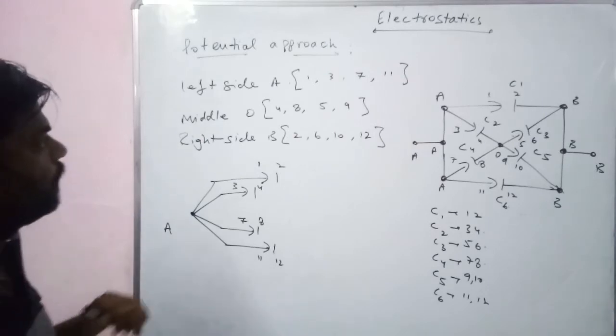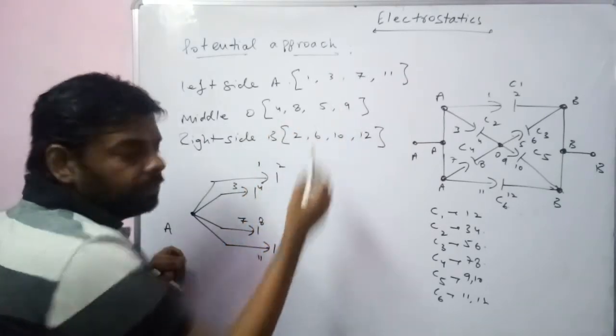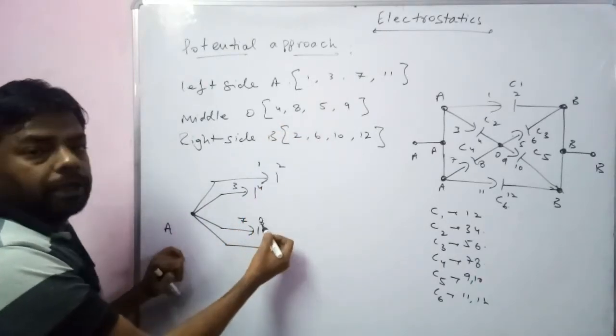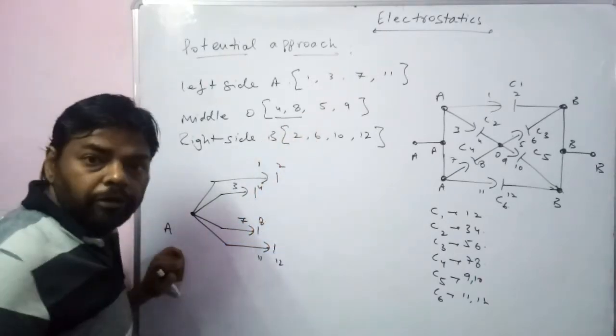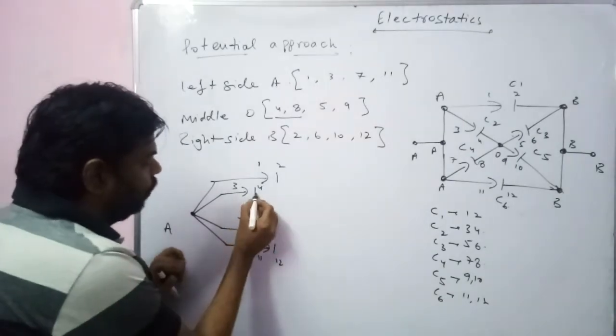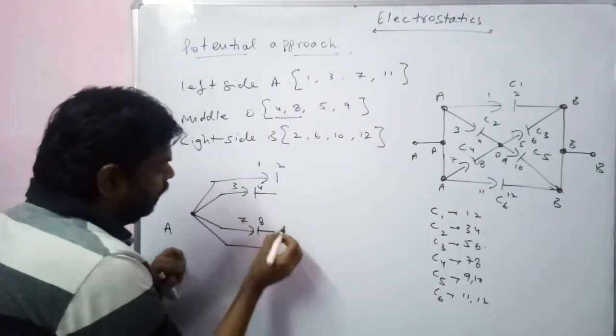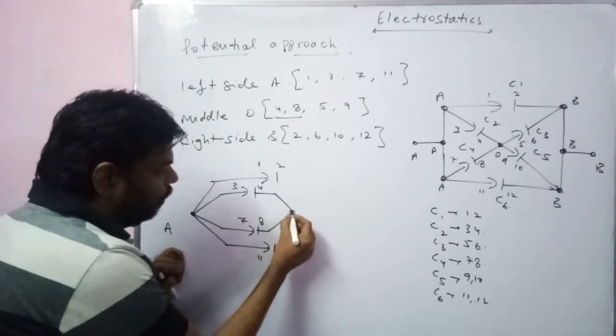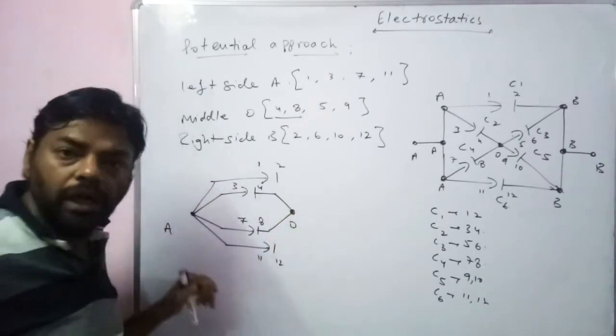Clear? Now comes out the point O. Now the 4th plate and the 8th plate, they are connected with the point O. So we are going to connect the 4th plate and the 8th plate with the point say O. Clear?